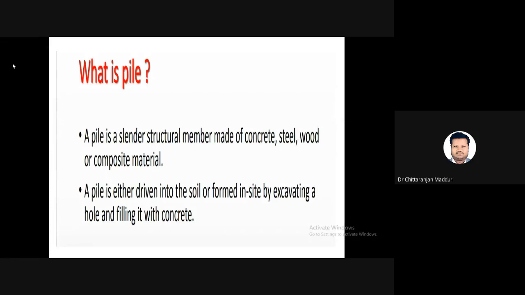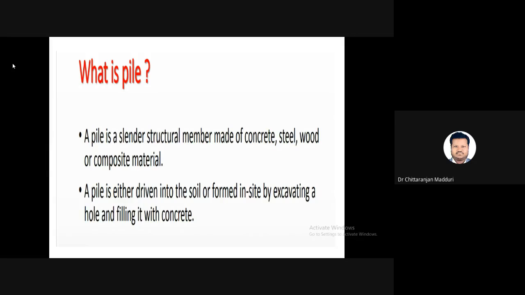A pile is a slender structural member made up of concrete, steel, wood, or composite material. It may be made up of concrete or steel or wood, or it may be a combination of two or more materials. A pile is either driven into the soil or formed inside by excavating a borehole and filling it with concrete. That means a pile may be precast concrete or cast in situ.